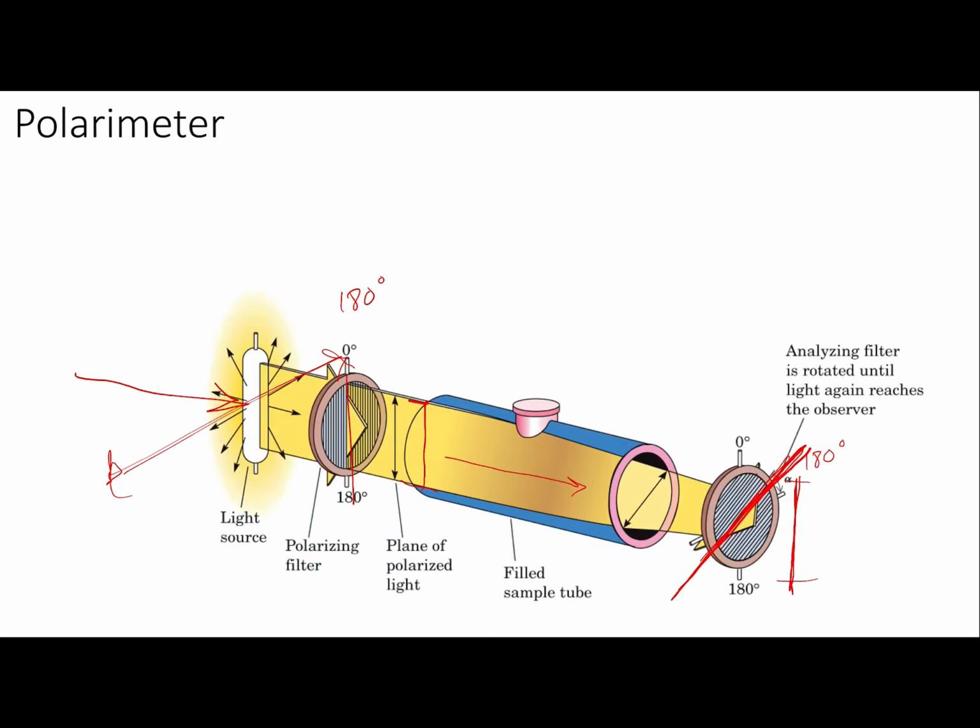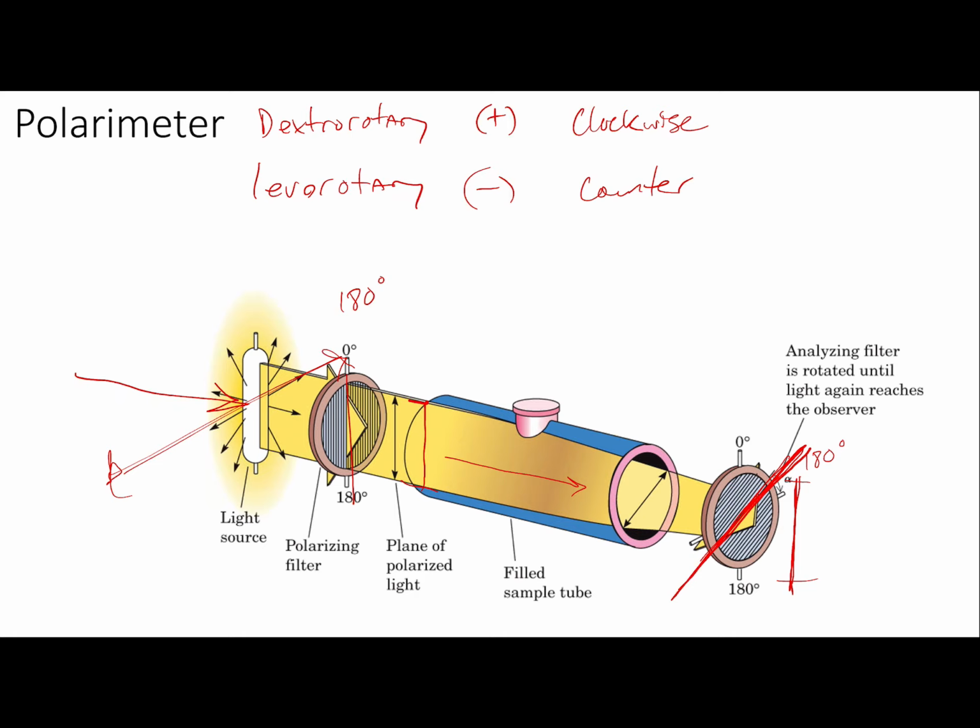So we say that a sample is dextrorotary if it will rotate the plane of polarized light clockwise. We say it's dextrorotary, we say it's positive, this is all clockwise. We say that a sample is levorotary if it goes counterclockwise, if it makes the light turn the other way.